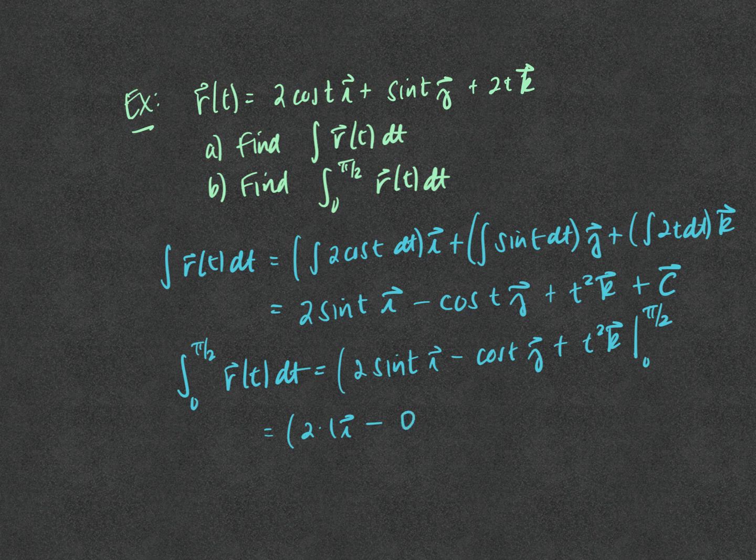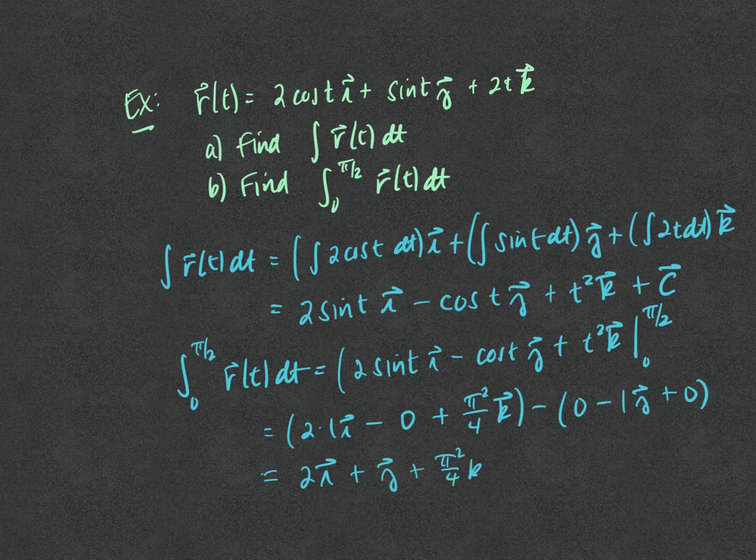And cosine of pi over 2 is 0, plus pi over 2 squared. So that gives me pi squared over 4 k. And then we're going to plug in 0, and sine of 0 is 0, minus cosine of 0 is 1 j, plus 0. So this means we have 2i, our j comes from the last one, so plus 1j, plus pi squared over 4 k. So this is the answer to the definite integral with the given bounds.